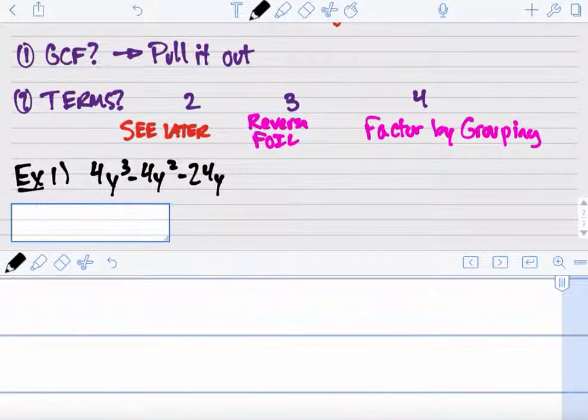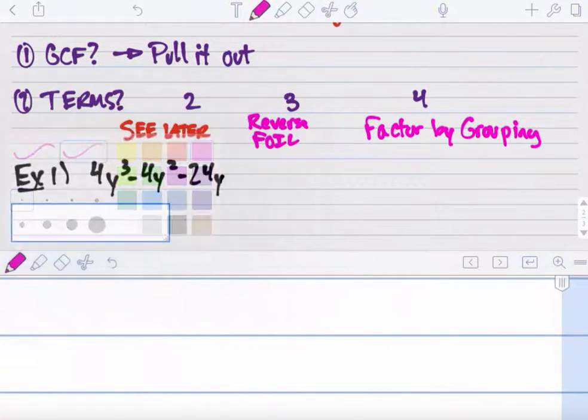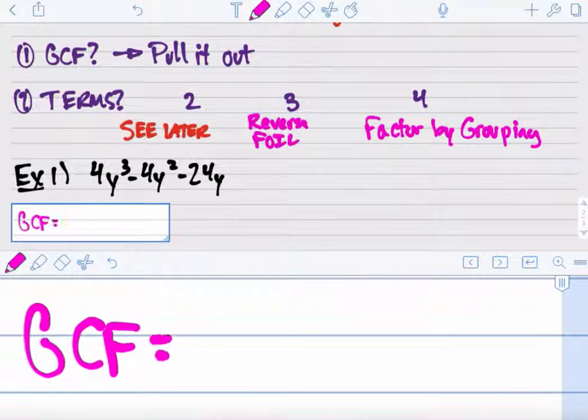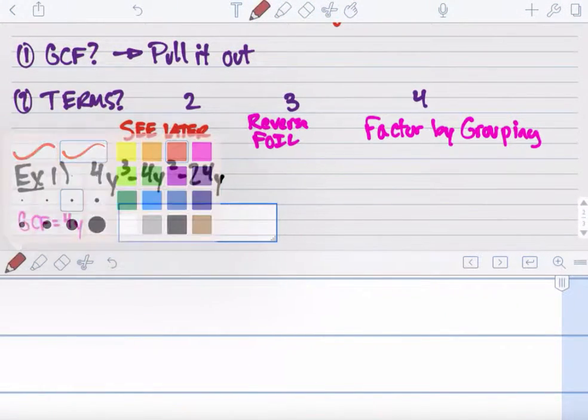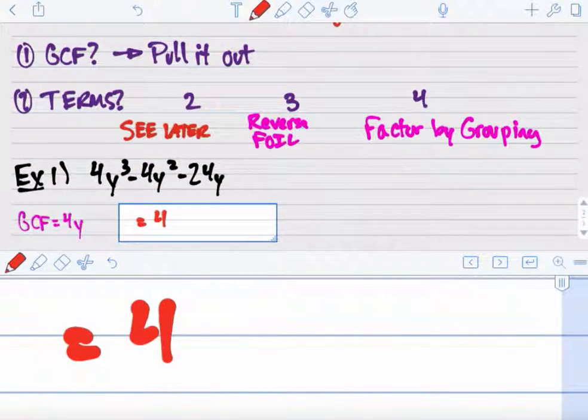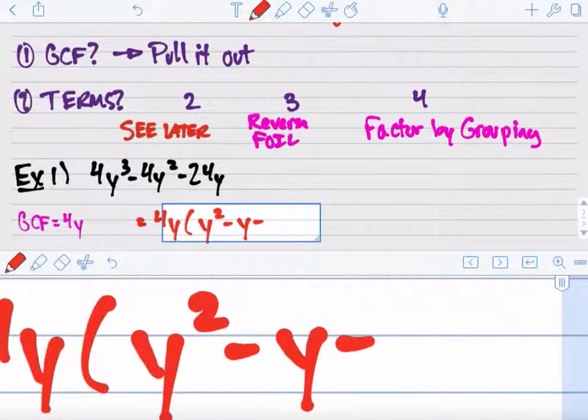First thing I check for, do I have a GCF? In this case, I do. The GCF for this one is 4y. I'm going to pull out the 4y, and I'm left with y squared minus y minus 6.